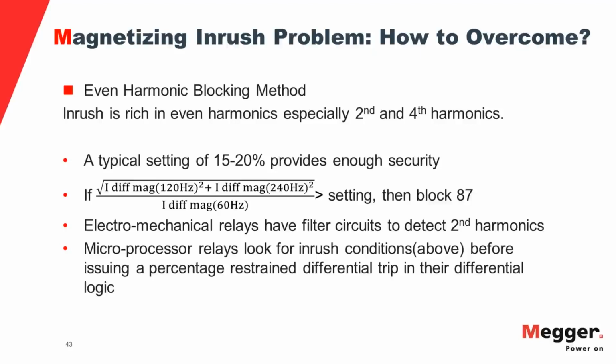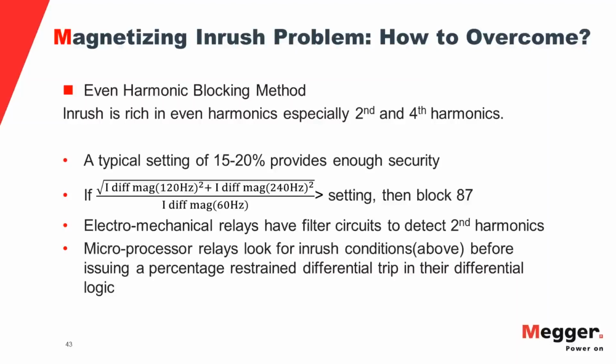So they take the root mean square of the second harmonic current and fourth harmonic current, and then compare it against the fundamental component of the current. And if it goes beyond that 15 to 20% setting, then they just declare, hey, 87 element, you have to block. Electromechanical relays don't have this luxury of programming and math to be implemented.